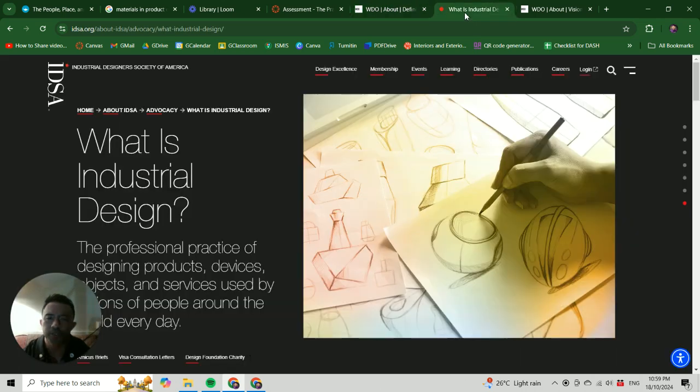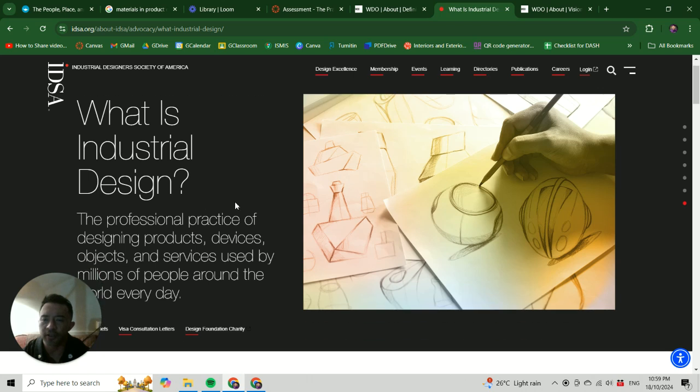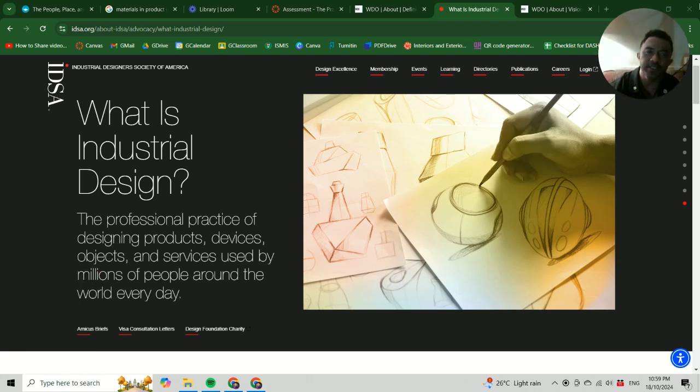Another organization, the Industrial Designers Society of America, defines industrial design this way. It is a professional practice of designing products, devices, objects, and just like the World Design Organization, also includes services used by millions of people around the world every day.